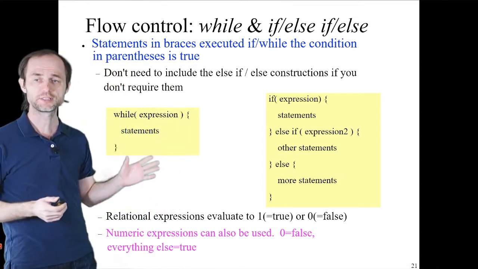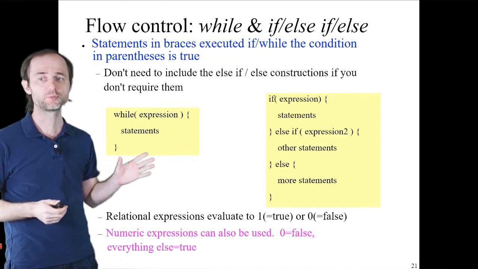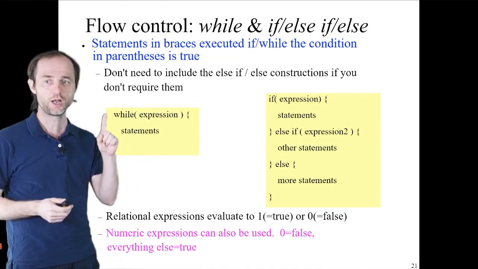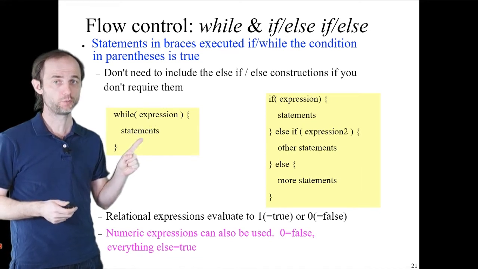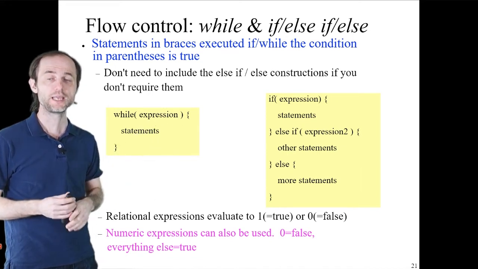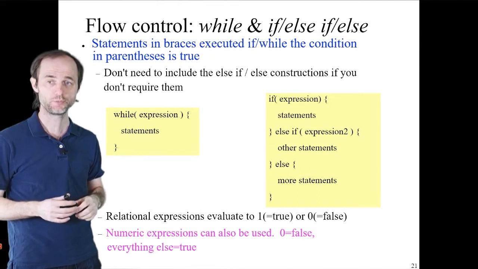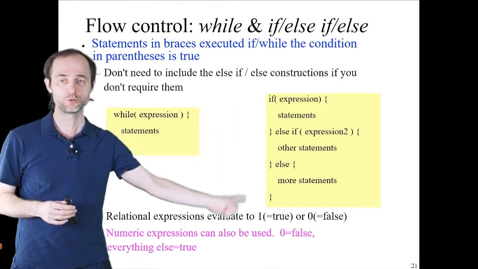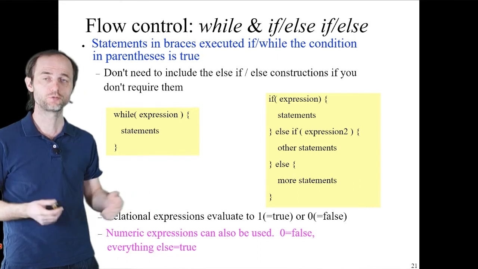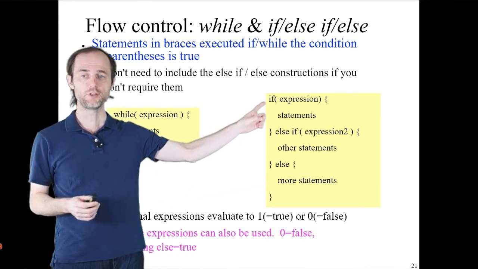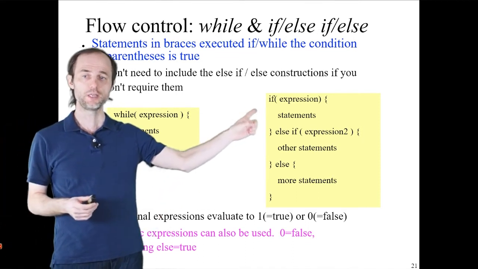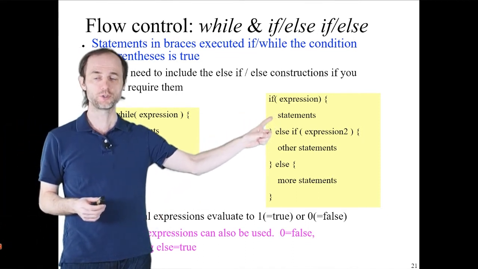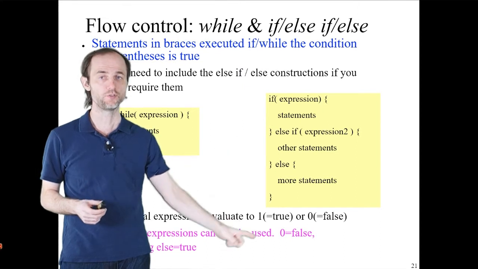The example of a loop that's perhaps the simplest is such: while with the expression here, followed by some statements which are enclosed in curly braces. If we want to control the logical flow, we can have an if, else if, and else sequence of statements. If this expression is true, the statements will be carried out, and then the rest of them will be ignored.